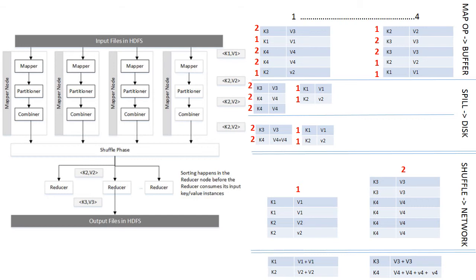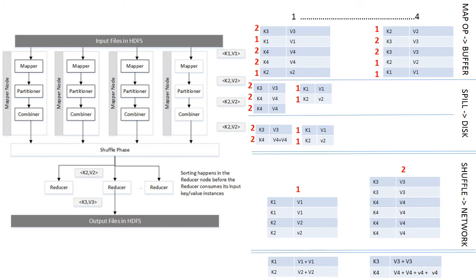Now all of this, the output of all these operations, is spilled to the disk. That is how you keep up with the overload of the memory buffer. And finally here we have the shuffle operation. This is a little bit tricky.